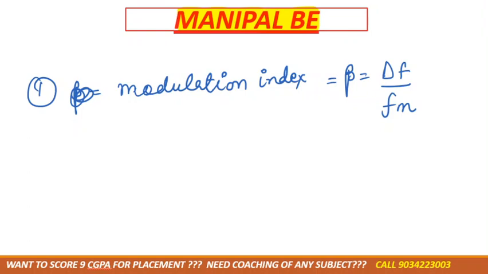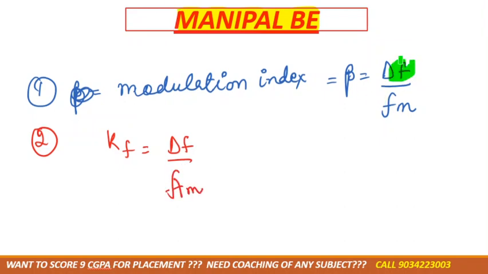Another formula which we are going to use is KF, which is equal to delta F by Am. Here delta F is the frequency deviation used for the modulation index, and KF is the constant. So we need to use these two formulas only in this question.